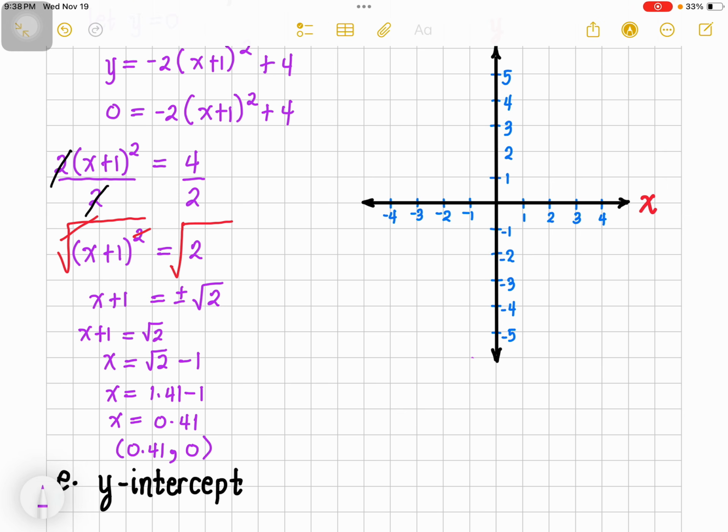Gets? So now, let's proceed sa another solution. So we have x plus 1 equals negative square root of 2, no? Kanina positive, ngayon negative naman. So, same procedure lang by combining like terms.